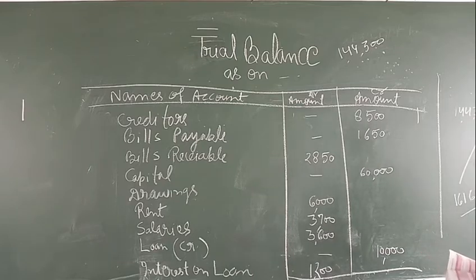And in the credit side, 8,500 plus 1,650 plus 60,000 and 10,000, and the total of the credit side was 1,41,500.